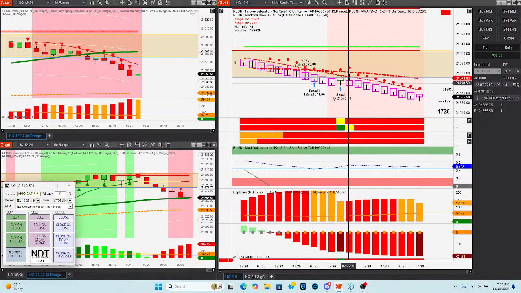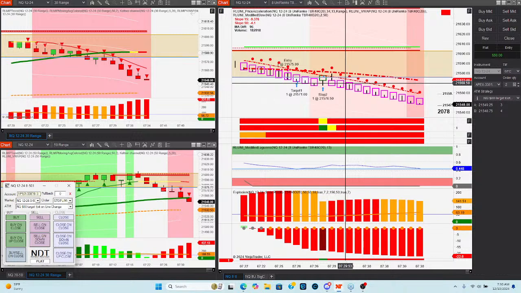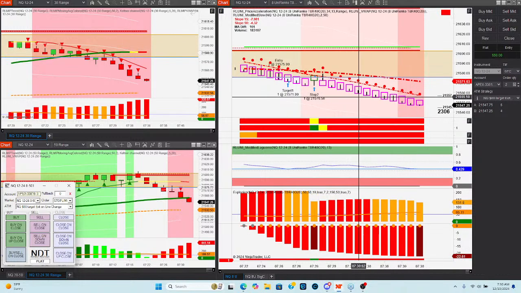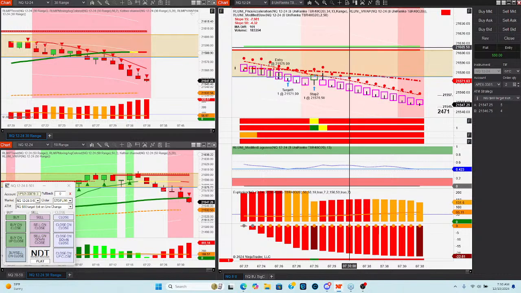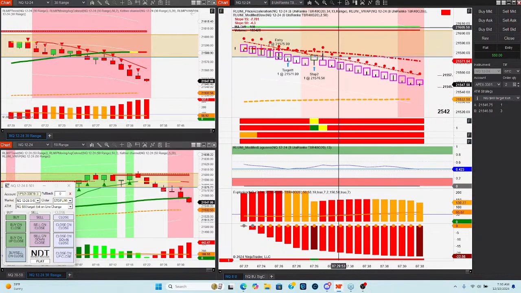I'm not a fan of the pink bias, the light pink. There we go. Now it's pink. But now that MA diff's too high. So that's the trade-off. We traded out of the box.